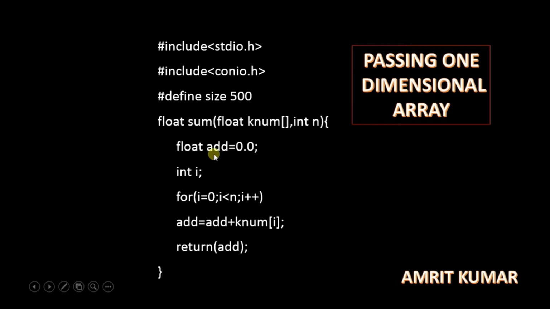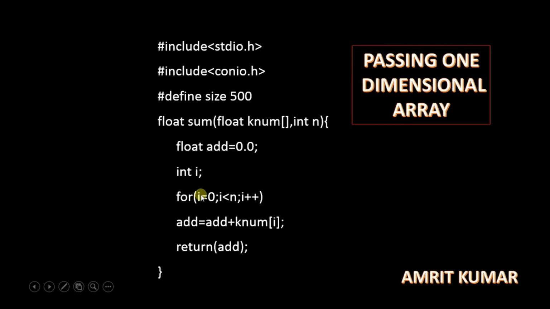In it I use the variable add equal to 0.0. So I am assigning the value to add, and it is of float data type. After this I declare a variable i of integer data type.